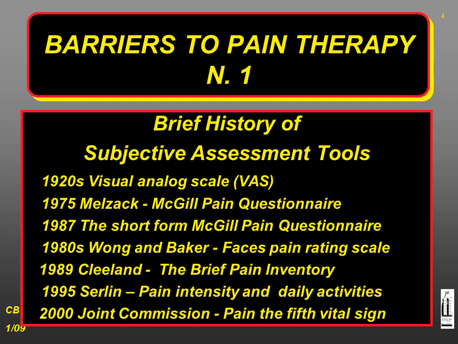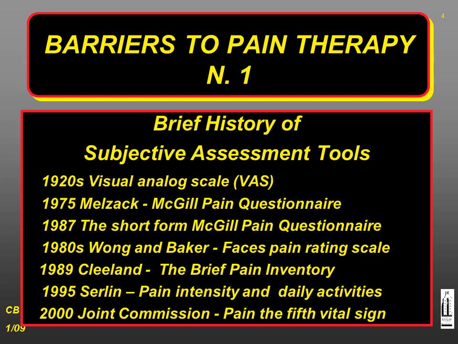Soon it became apparent that more comprehensive tools were needed. In 1975, Ronald Melzack published the McGill Pain Questionnaire, which he reissued in 1987 as the short form McGill Pain Questionnaire.